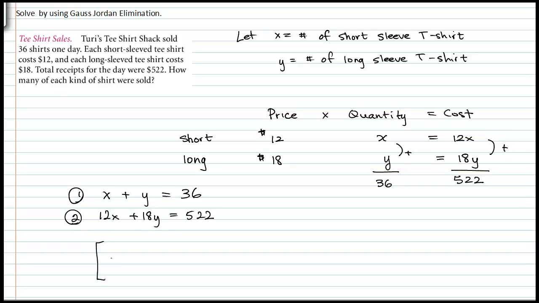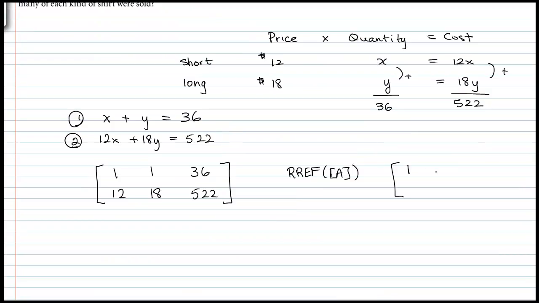My augmented matrix is going to be 1, 1, 36, 12, 18, and 522. And when I do RREF with matrix A, I will get the answer of 1, 0, 21, 0, 1, 15.